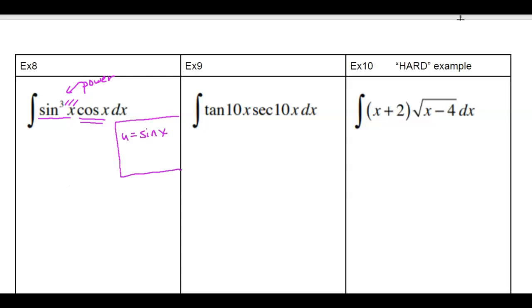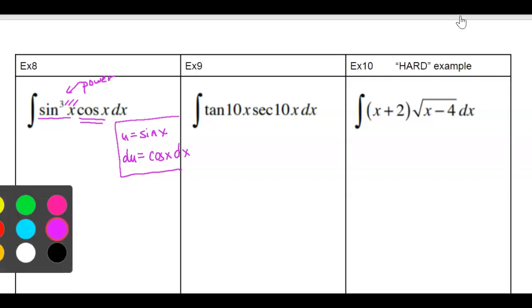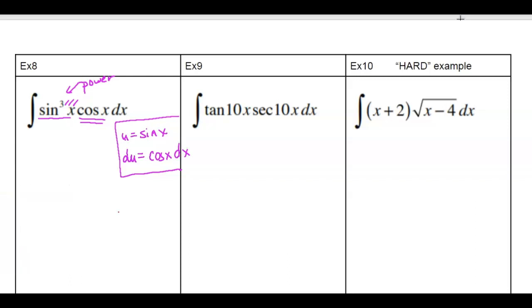The other function can be taken care of with our du, possibly. So the derivative of u, the derivative of sine is cosine, and then dx. So this is u, it is cubed, and then I see a cosine x dx, so all of that is du.